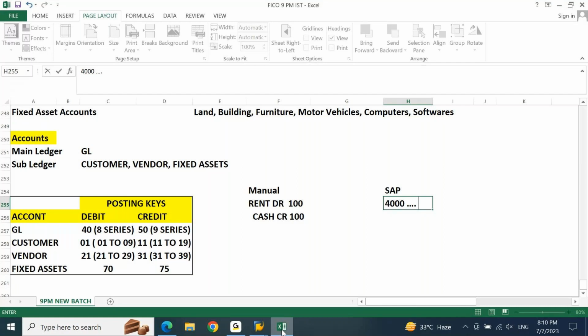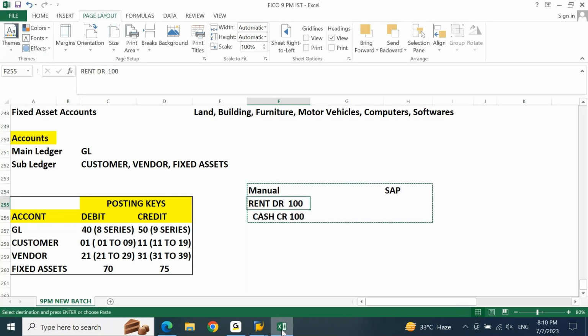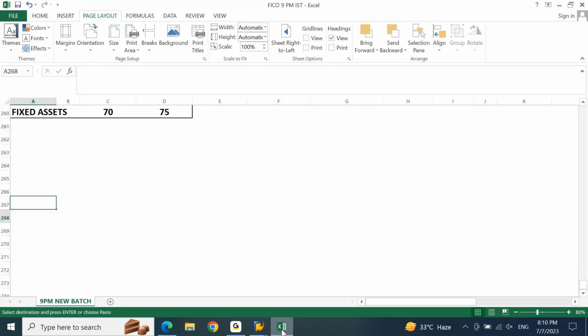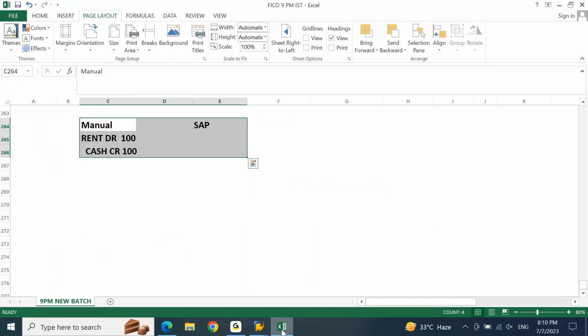Next thing, I need to put debit credit. I'll hide these things. Let me come down to avoid any kind of confusion. I'll put this here. This is entry number 1.